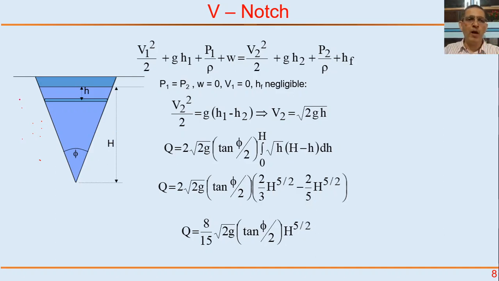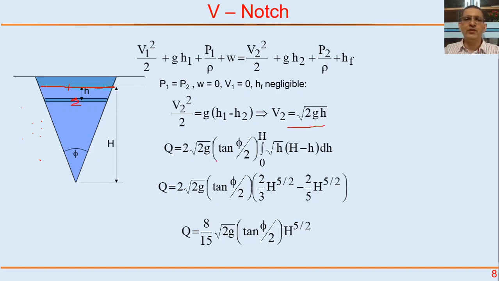So then we can block a part and have a notch in that, and then the liquid level will rise in that up to a certain value, let's say this value, capital H. Again, we can apply Bernoulli equation between point 1 here and point 2 here. We will still see that V2 is square root 2 gH.